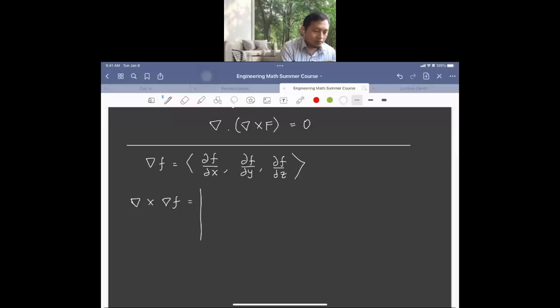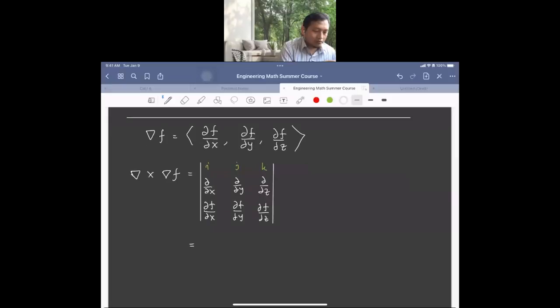So we are going to have i, j, k, and then d/dx for the del, d/dy, and then d/dz. So we are going to have these second partials. The del f is del f del x, del f del y, del f del z.